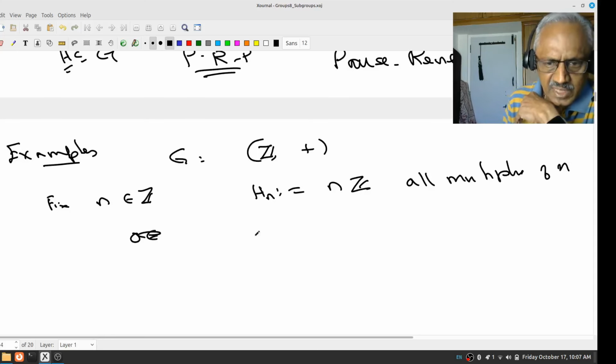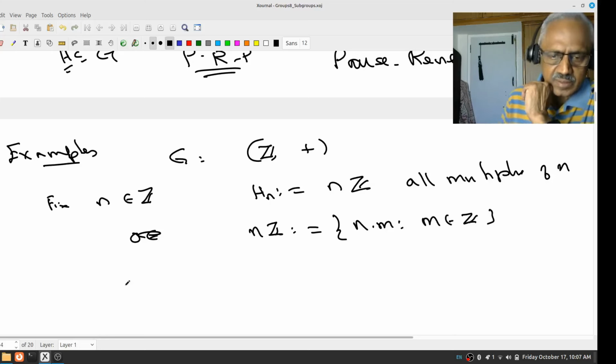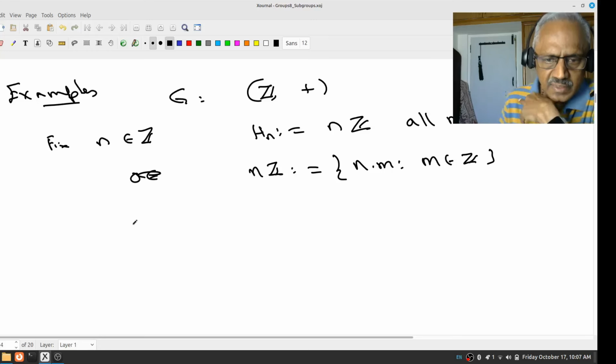Let us look at what this means. NZ by definition is N times M, where M varies over all integers. Now notice that when I take M equal to 0, then N times 0 is 0, therefore 0 is in NZ, which is Hn.